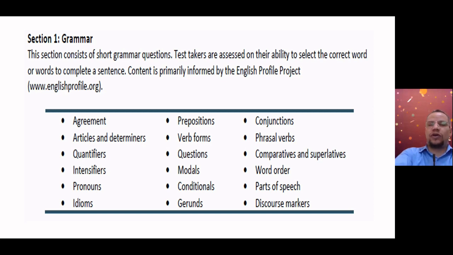Conditionals, passive, conjunctions. So you have here topics that can help you study before the exam.